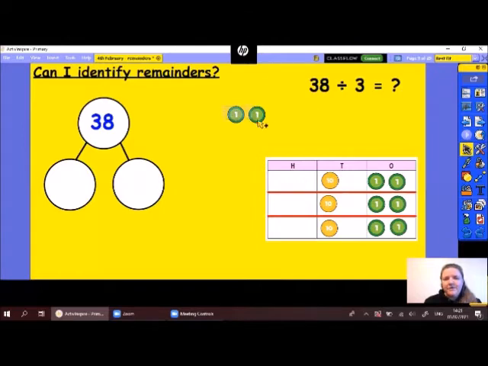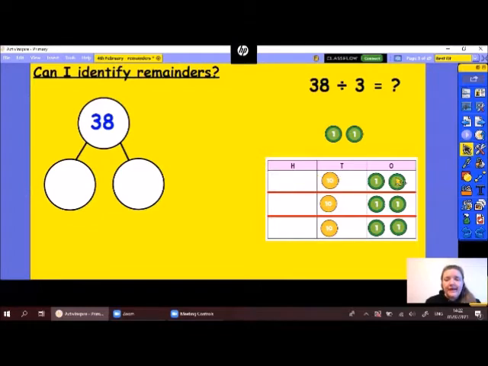Now, I've got these 2 left, but I can't put them anywhere, because if I put them here and here, this one doesn't have an extra one, so that's not an equal group. So what's this bit called? It's my remainder. So let's see how many I have in each group.